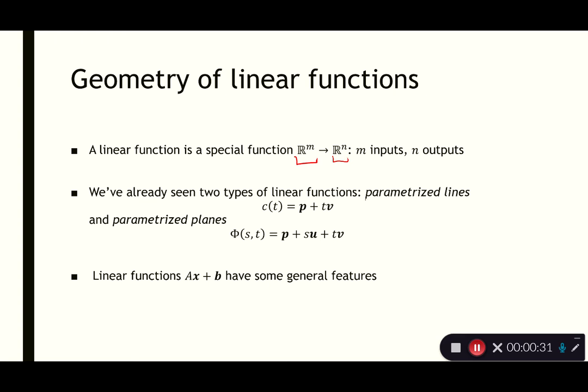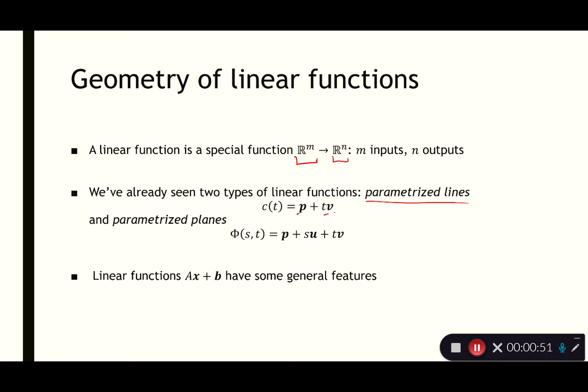One of those is parametrized lines. If we have a point and a direction vector, we can construct a function that takes in one input and produces three outputs. That parameterizes the movement of an object along a line inside space.